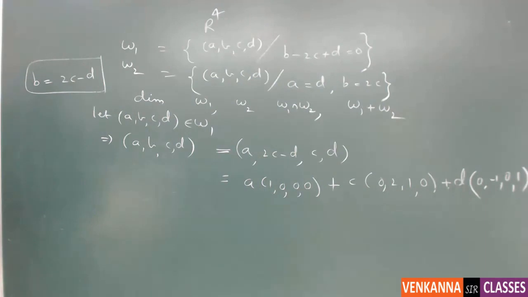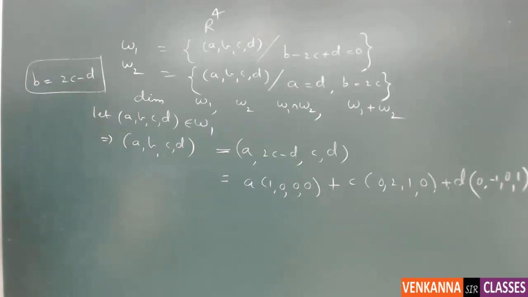I have taken first coordinate, second coordinate, third coordinate and fourth coordinate. What are the A coefficients? What are the C coefficients? What are the D coefficients? Clear? Now I got three vectors here: 1 0 0 0, 0 2 1 0, 0 minus 1 0 1.